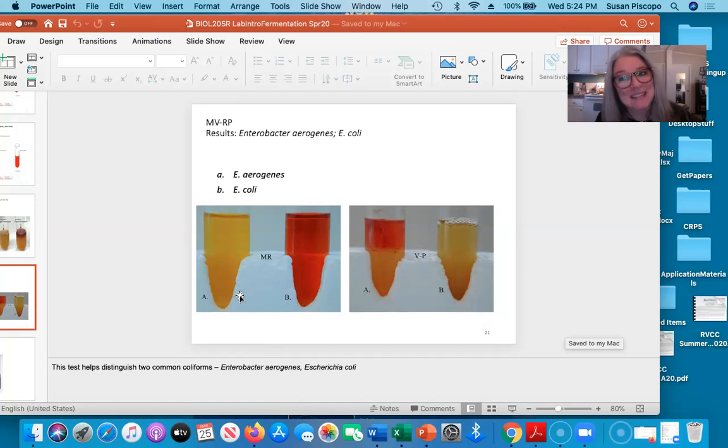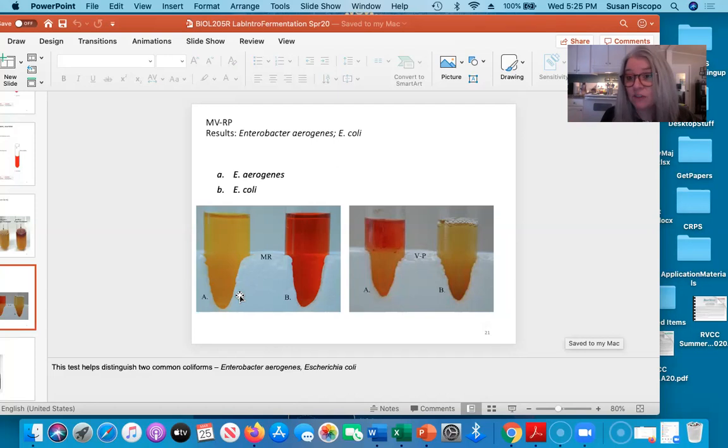But remember, this is a methyl red tube. Yellow means no fermentation here. Red means fermentation. So organism A, the Enterobacter aerogenes, had a negative result for its MR, its methyl red test.